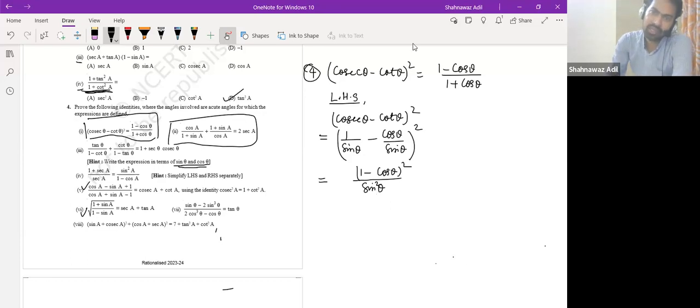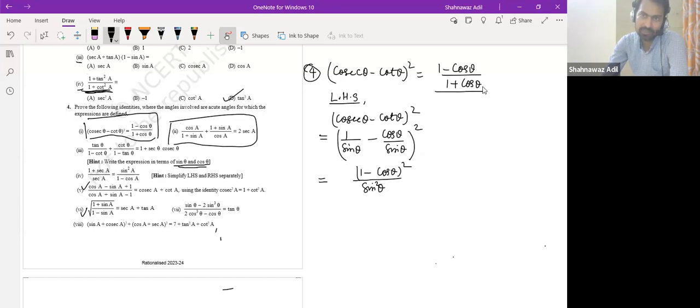Now let us look at the right hand side. So remember what we want to do. As we were doing the triangles, for every question that we did, we had certain goals, right?